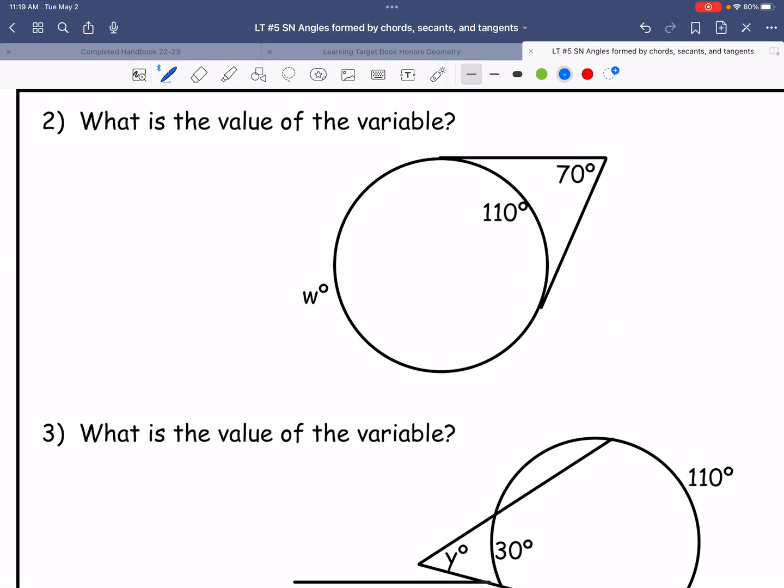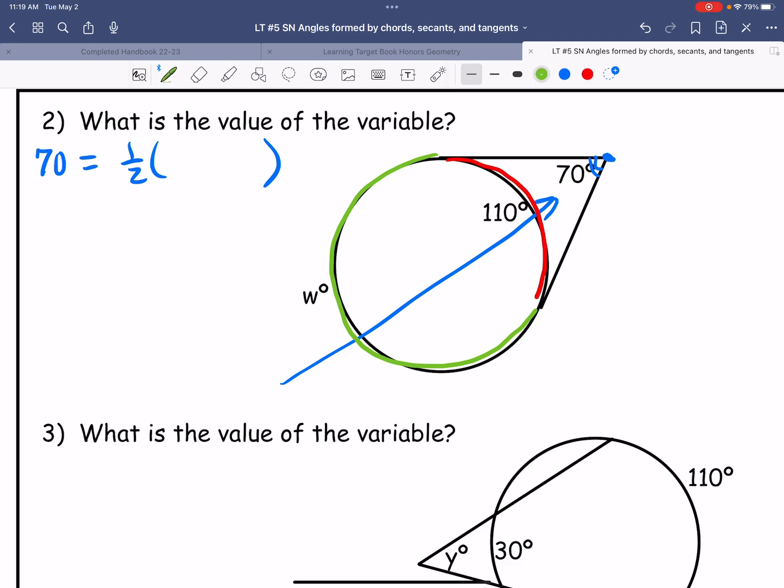What is the value of the variable? The two lines intersect outside the circle, so the angle measure that I get here, in this case 70, is equal to half the difference. And I'm going to subtract going this way: the arc on the outside, subtract the arc on the inside.